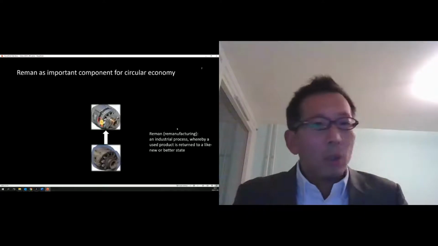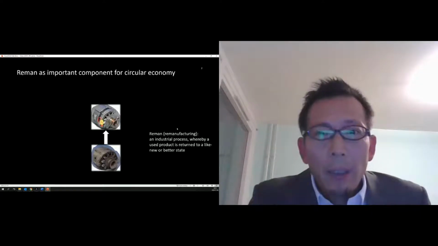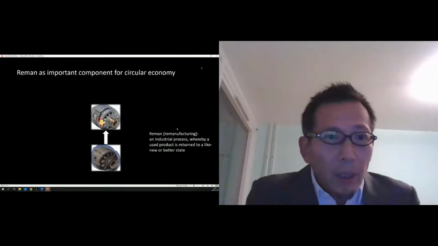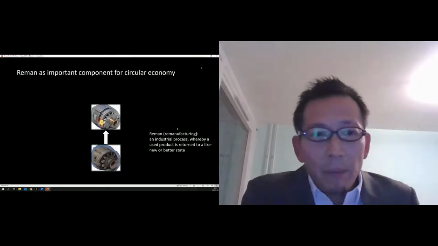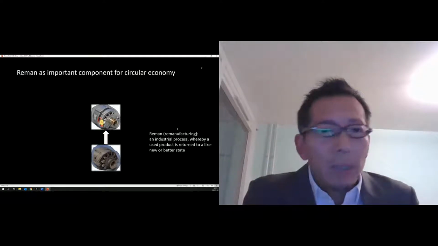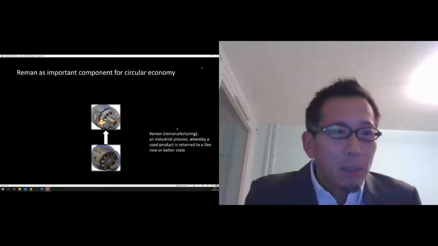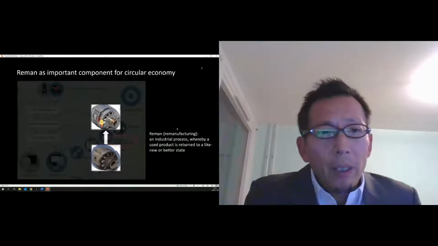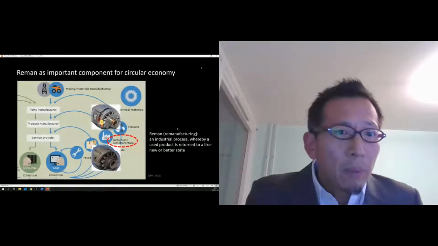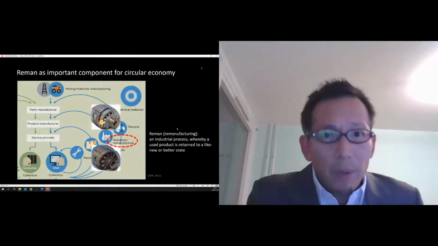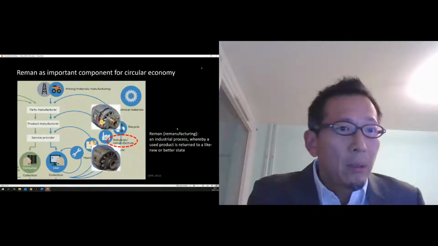So this paper talks about remanufacturing. I use the term reman for short. It can be defined like this. And it's actually an important component, for example, for circular economy, as you can see on the butterfly figure by Ellen MacArthur Foundation.